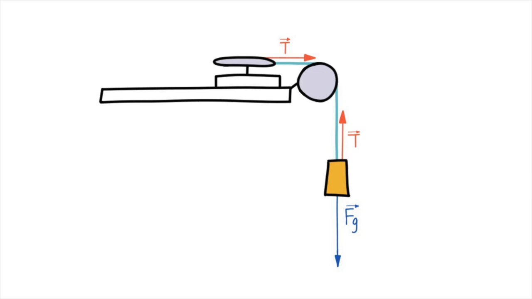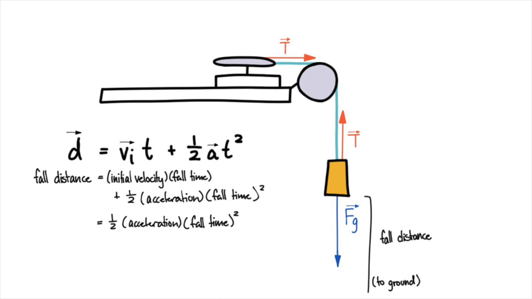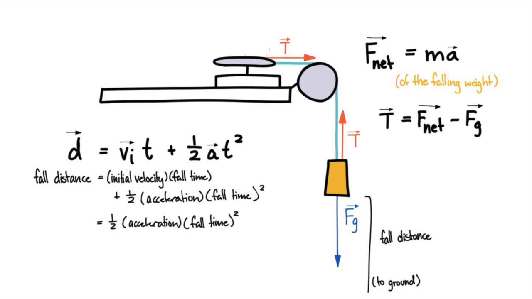To calculate net torque, we will apply several kinematic principles. First, we will use the formula d equals v initial t plus 1/2 at squared to calculate the acceleration of the falling mass. From this acceleration, we can apply the formula F net equals ma to derive the force of tension in the system, considering the mass, acceleration, and neglecting friction forces.